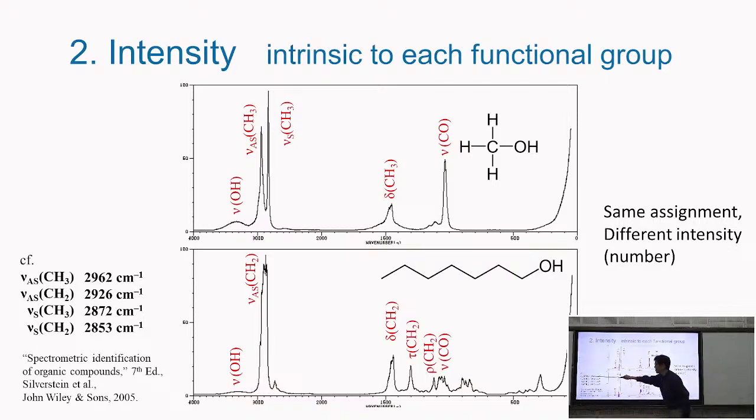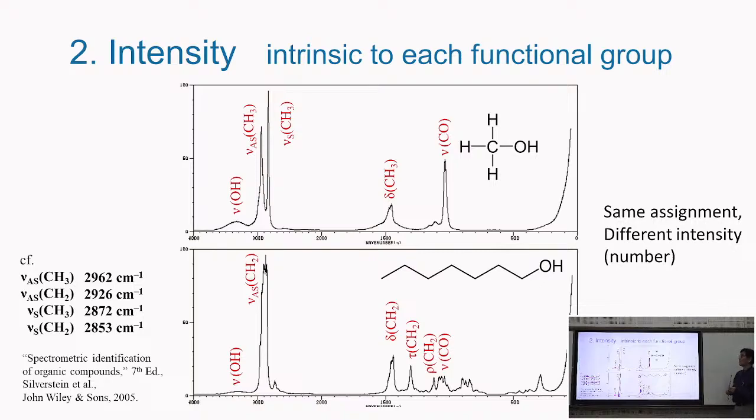So methyl group gives a peak in this position, and it corresponds to these two peaks. Methyl group is minor, and CH2 is the major group. So mainly CH2 appears here. Okay, so the contribution of OH is relatively small, so peak intensity is smaller than this case.